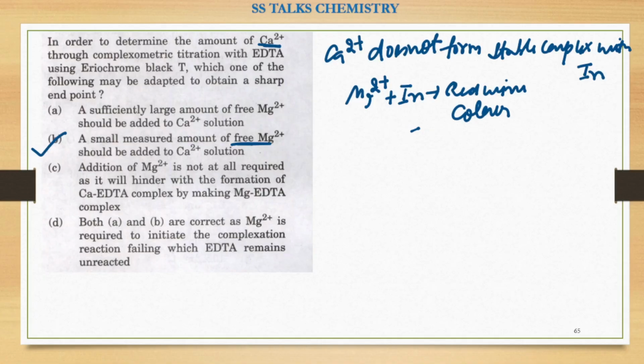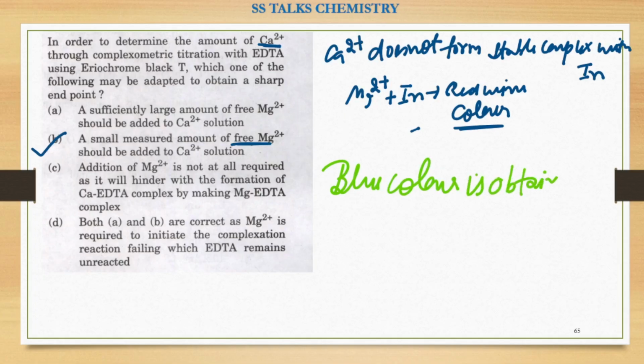At the end, EDTA forms a complex with the magnesium that is removed from the magnesium-indicator complex, and you get to know that your reaction has completed, as blue coloration is obtained. This is going to be the end point.